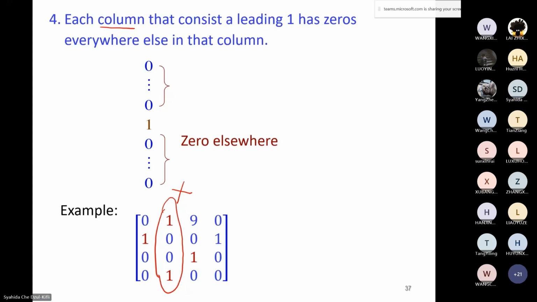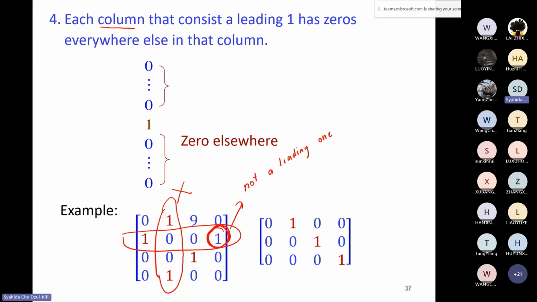And you have to note that this is not a leading one. Why? Because this is not the first non-zero number that appears in the row.